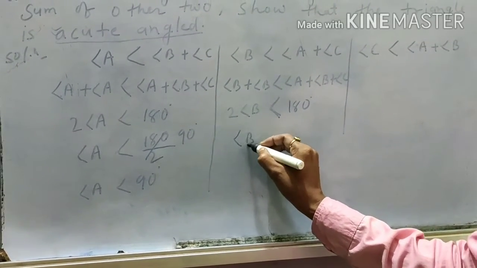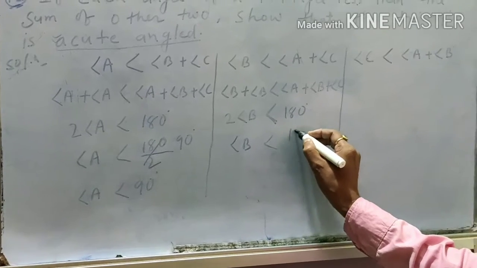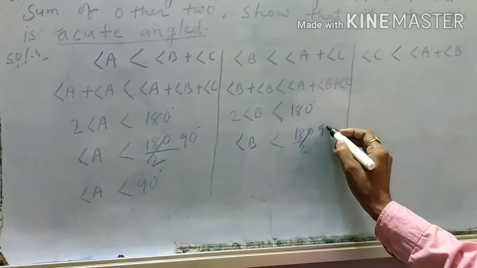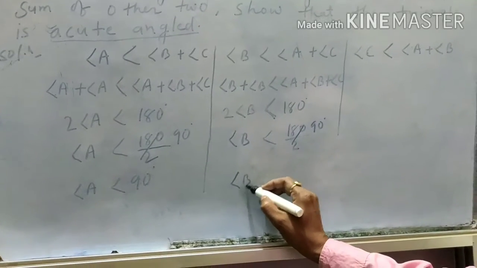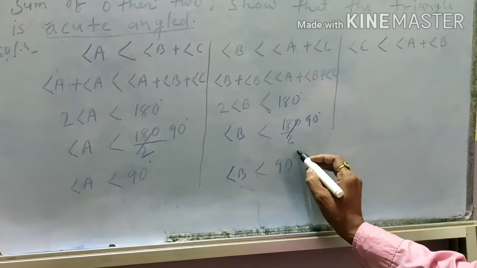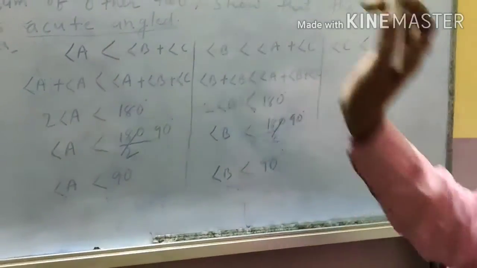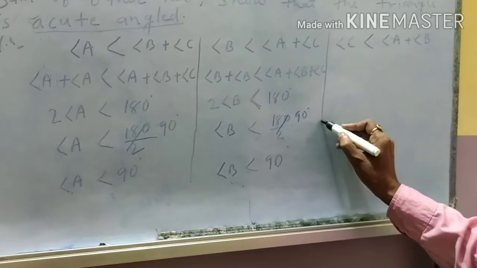So angle B is less than 180 divided by 2, which is 90 degrees. So angle B is also less than 90 degrees. 2 conditions exist here. Angle A is less than 90 degrees, that means acute. Angle B is less than 90 degrees, acute.